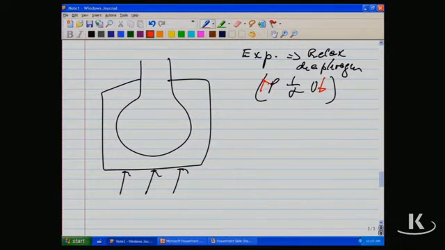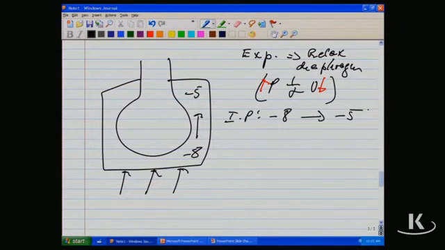So what will happen to the intrapleural pressure? At the end of inspiration, the intrapleural pressure, you recall, was -8. Now that we are losing volume, it reverts back to -5 during expiration. What will happen to recoil force? We said at the end of inspiration, recoil force was +8.